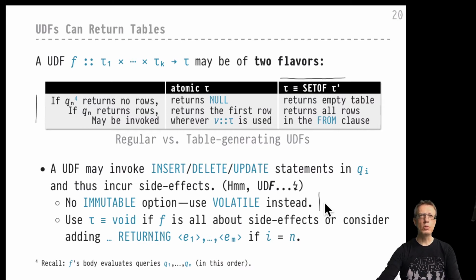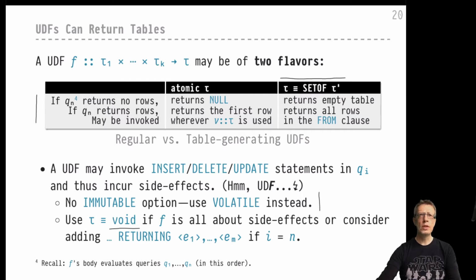Maybe it should be called a procedure instead in this case. If your function is all about state changes and you actually are not keen to return any particular value, if f is really only about state changes, then use void as a return type, which indicates that no usable value is being returned from f. It's all about the state changes.